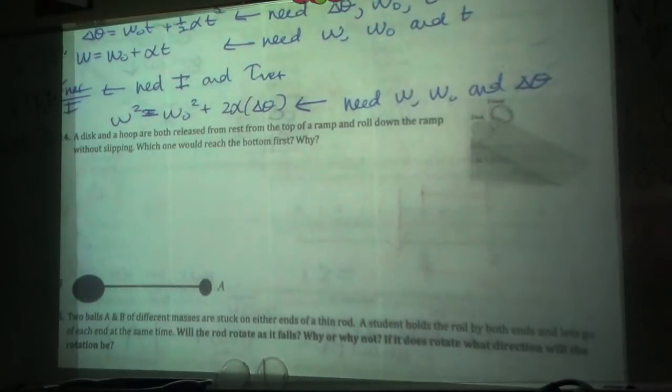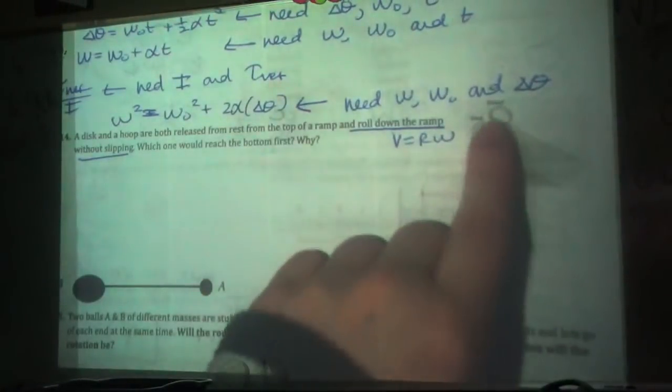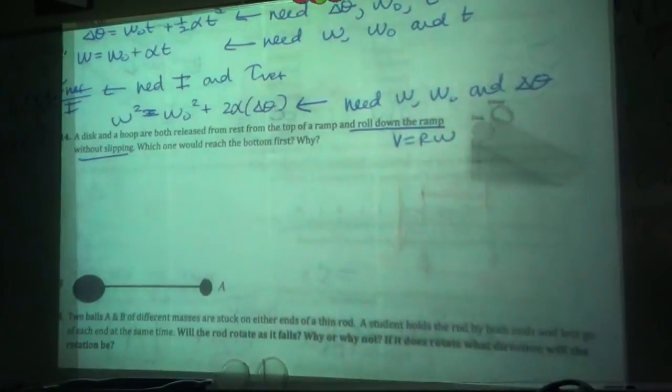Okay, number 14, disc and hoop are both released from rest at the top of the ramp, and they're going to roll down the ramp without slipping. That's like the v is R omega. So there's a relationship between the translational velocity and the angular velocity of the thing.